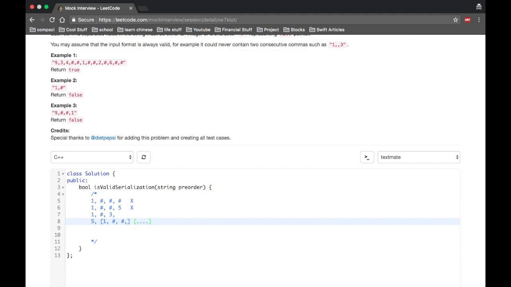So, and you can't reconstruct the tree. So this is, again, I have to come up with the rules for taking the string or processing the string so that I can figure out if it's a valid preorder traversal.